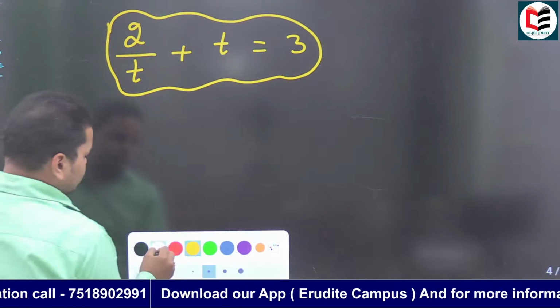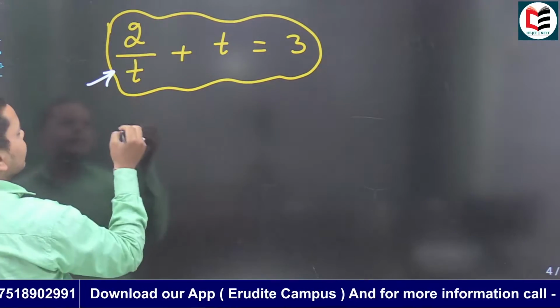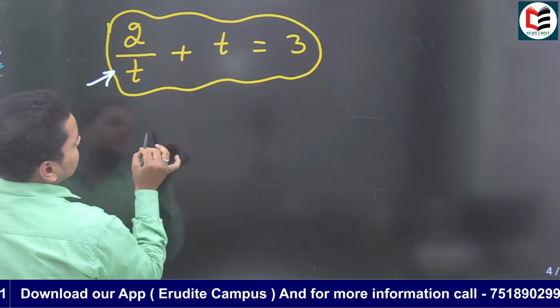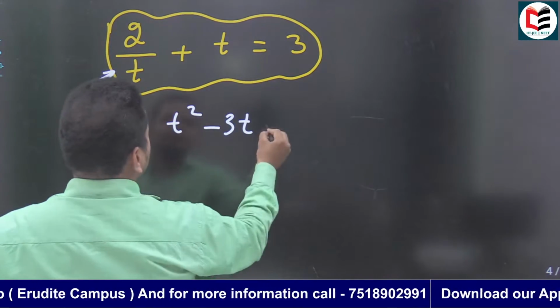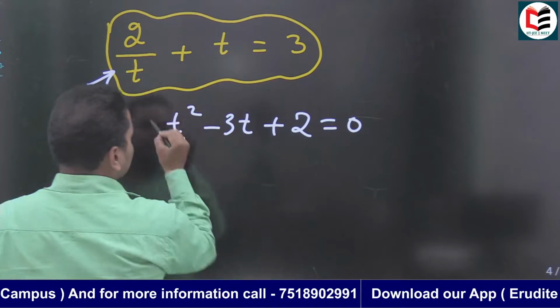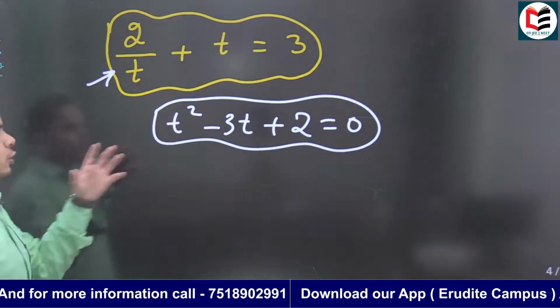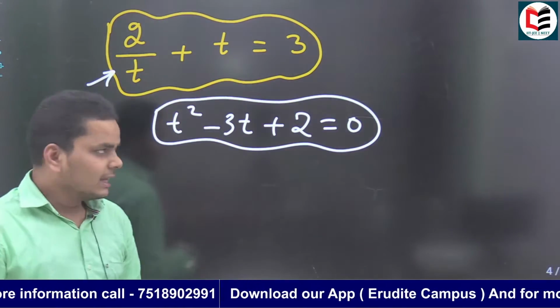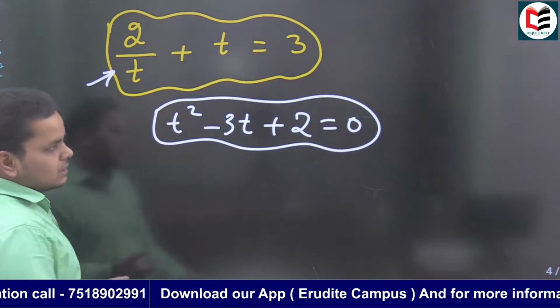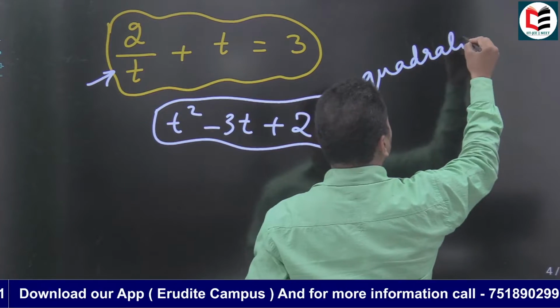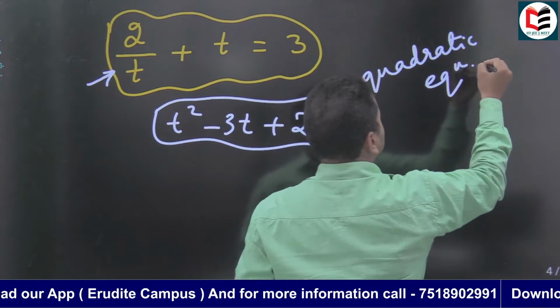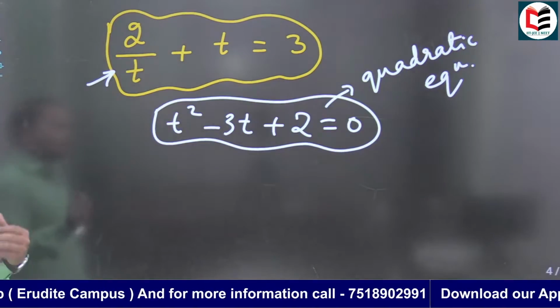Here you can proceed by solving it. We will get t square minus 3t plus 2 equals 0. This equation is very familiar to us now. This is a quadratic equation you have solved many times.